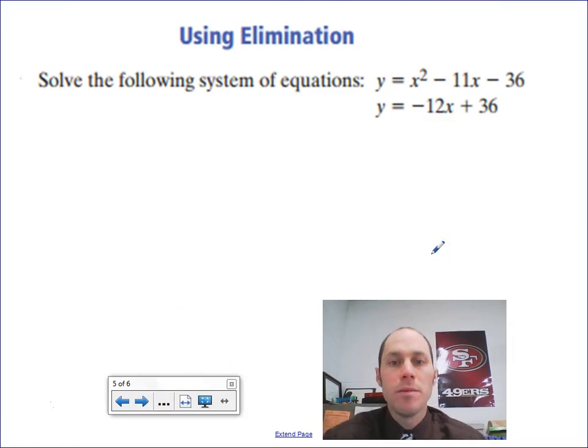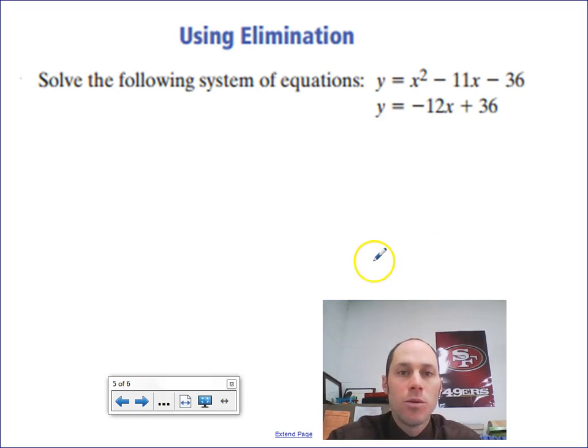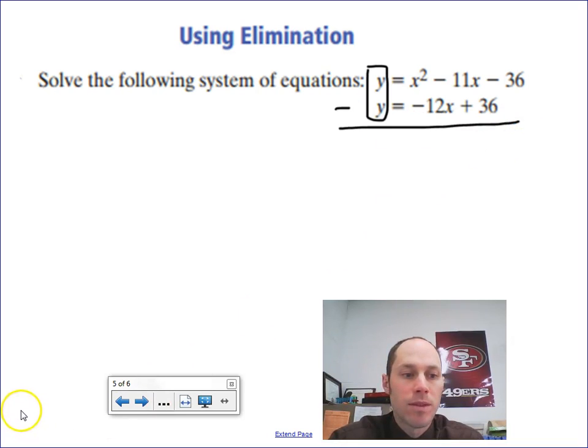Just like we learned elimination with our systems of linear equations, we can do the same thing with quadratic as well. Since we have our equations lined up, my y's lined up, my x's lined up, I can see which variable I can eliminate. Notice that my y values are the same, so I can subtract those two equations to eliminate the y.